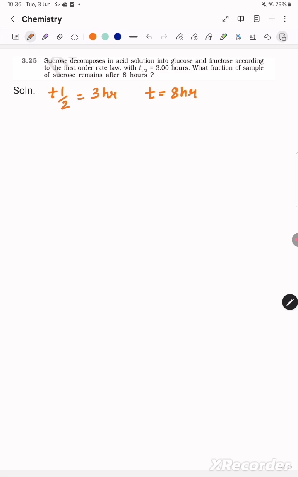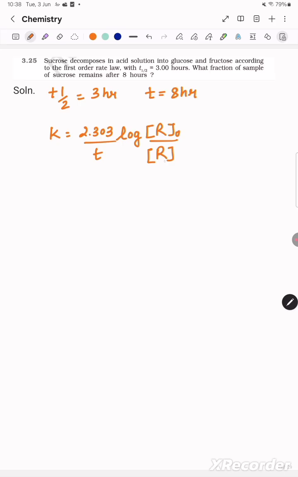Now you have to calculate the fraction of the sample of sucrose after 8 hours. So what is the first order reaction formula? That is K is equal to 2.303 upon T log R naught upon R. Here R naught is the initial concentration, and R is the concentration of reactant at any time t.